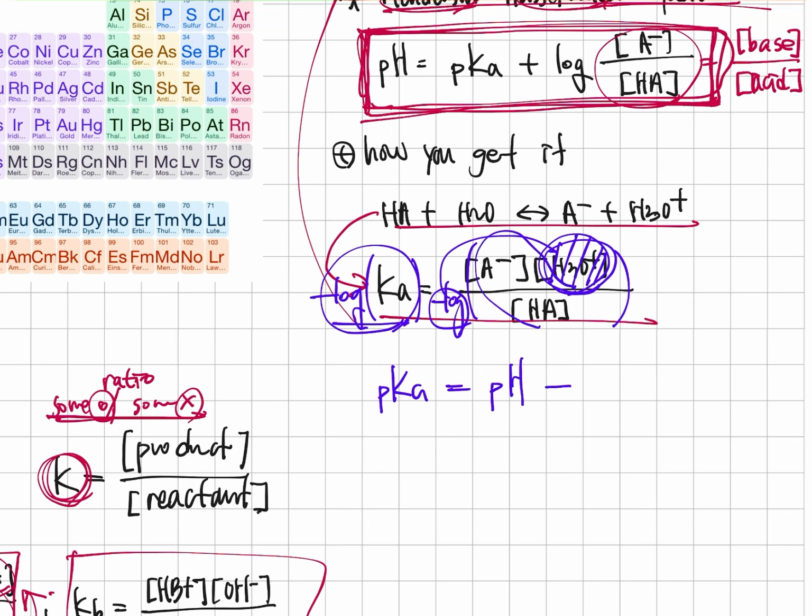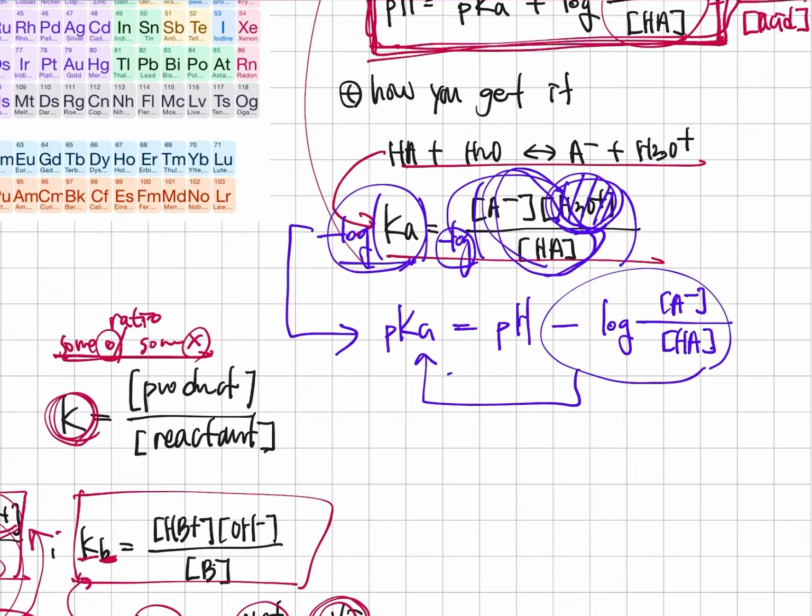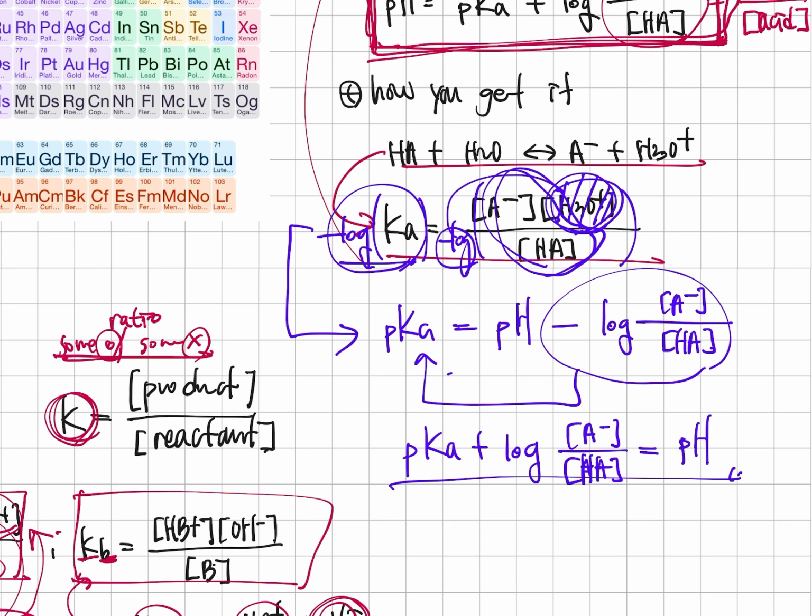Whatever is left, you just write with a negative log as well, so this turned into this. From here, if we take this to the other side, we get pKa plus log of A minus over HA equals pH. And this is how you get the equation.